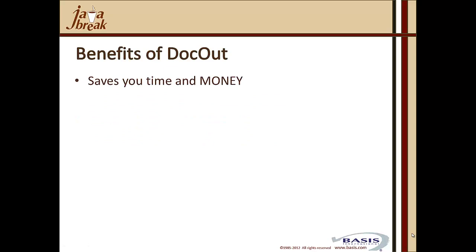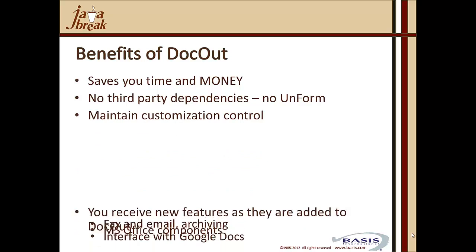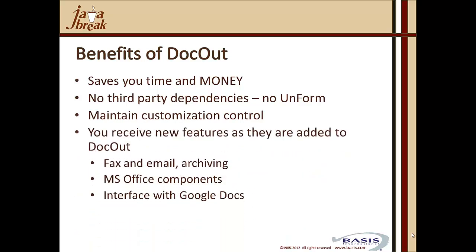Here are a few of the many benefits of using the DocOut object in your next project. Firstly, DocOut saves you time and money. It frees you from third-party dependencies. No Unform needed. You maintain your customization control, and you will continue to receive new features and functions as they are added. For example, back in 2008, fax and email functions as well as archiving were added.